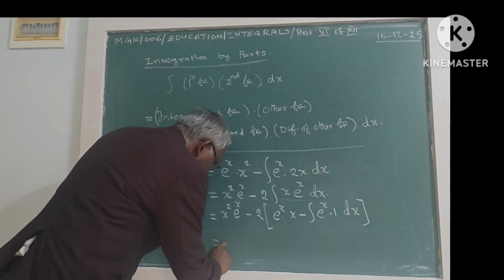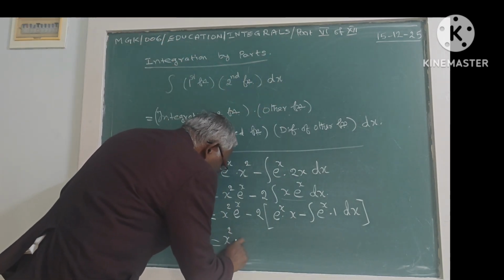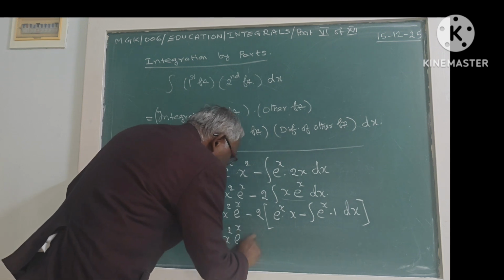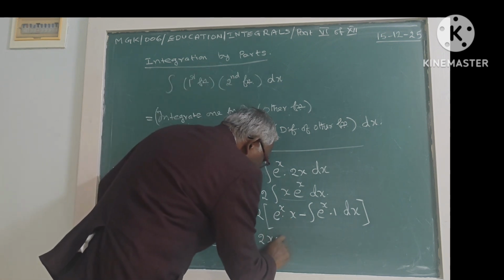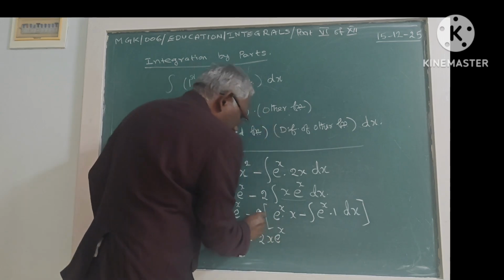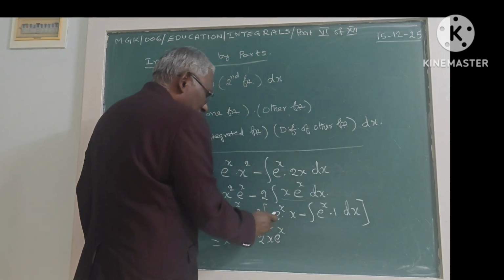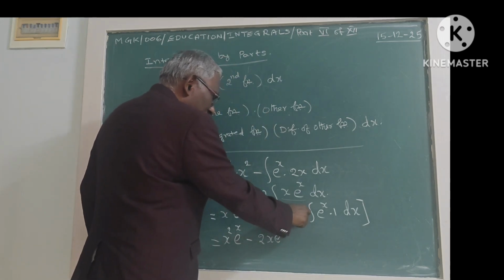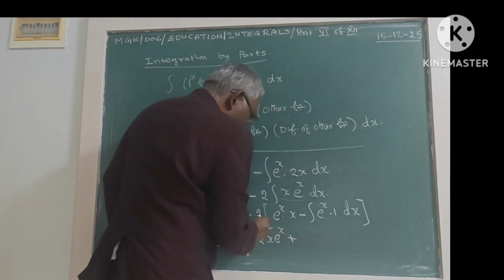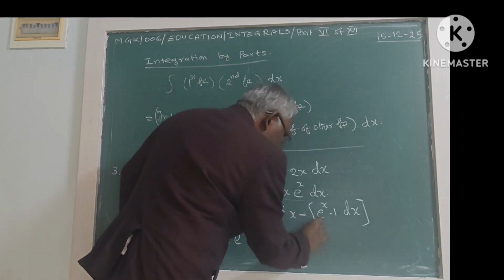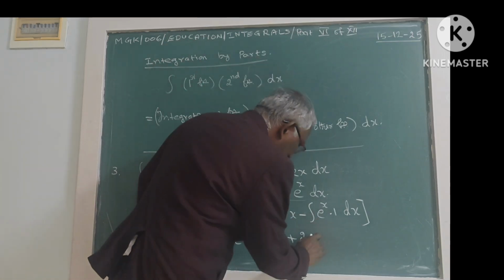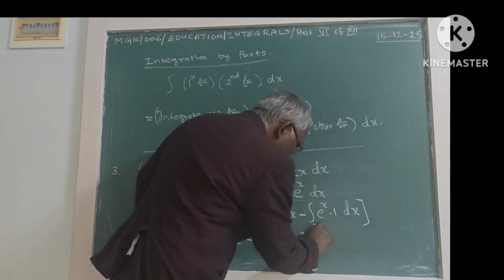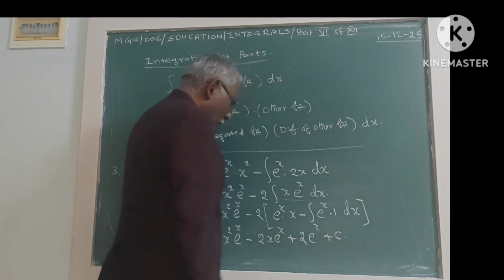So this is nothing but now x square e power x minus 2x e power x, minus into minus plus 2 times integral e power x dx, is e power x only, plus constant.